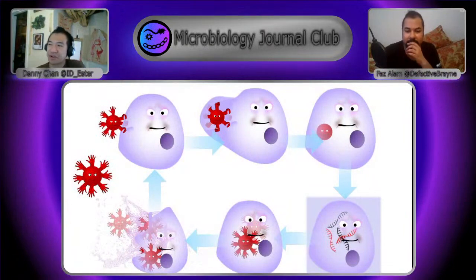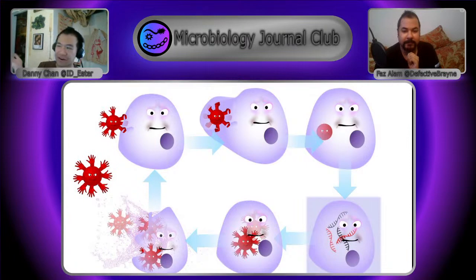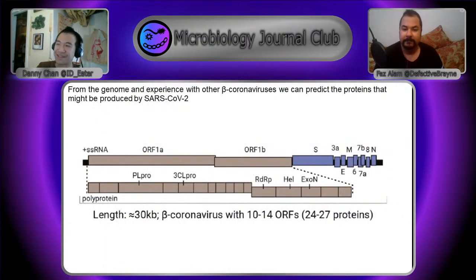You can look at a genome and guess from the sequence how many things will be made. With the novel coronavirus, but also other coronaviruses, we have the idea that there are 10 to 14 open reading frames, which might correspond to 24 to 27 proteins.